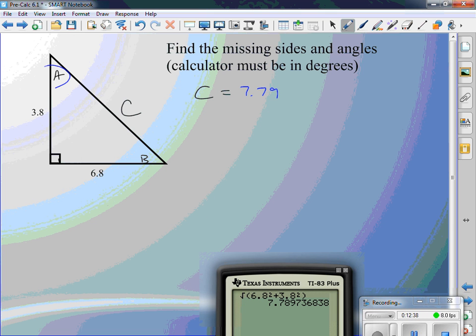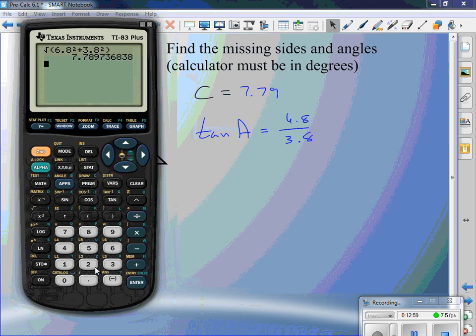All right, let's find angle A. Any of the functions will work. Pick one. Tangent. Tangent of A equals opposite over adjacent. So I have 6.8 divided by 3.8.